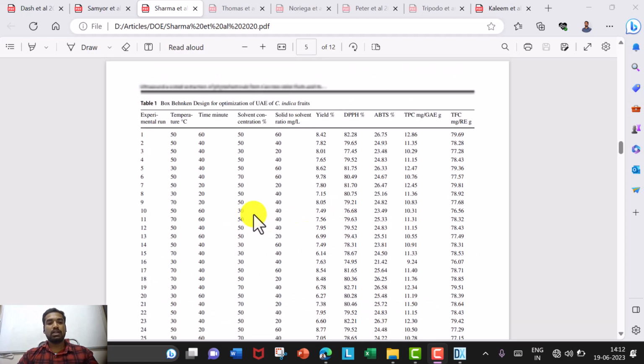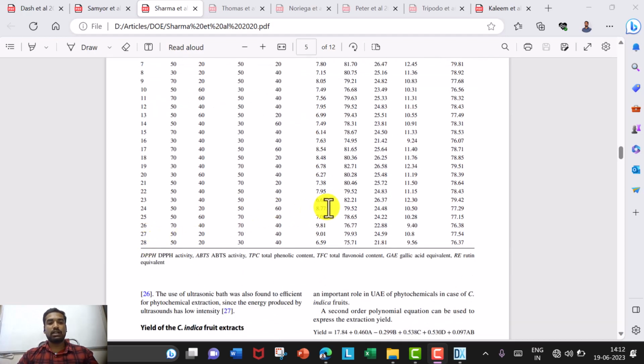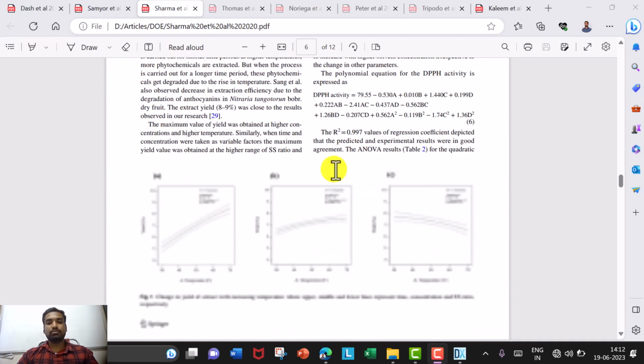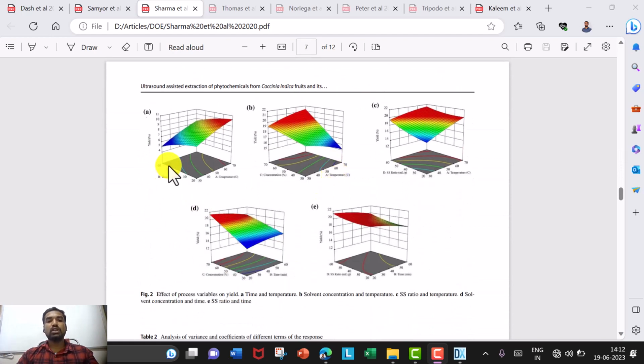And he got 28 runs from the DOE, and he got the 3D structure of responses.